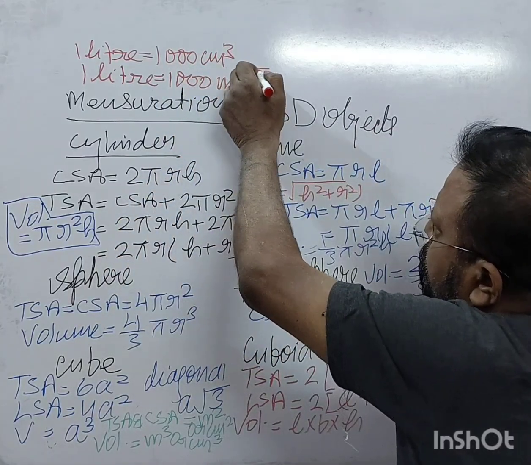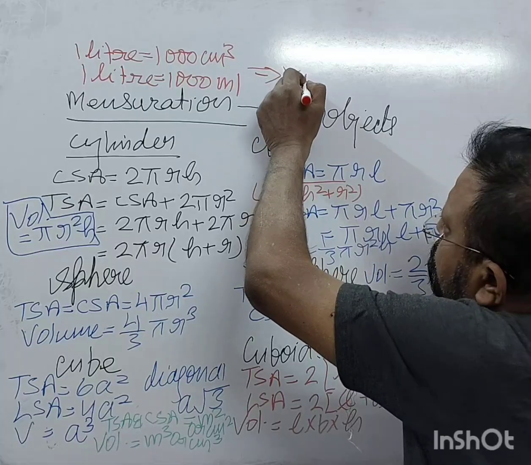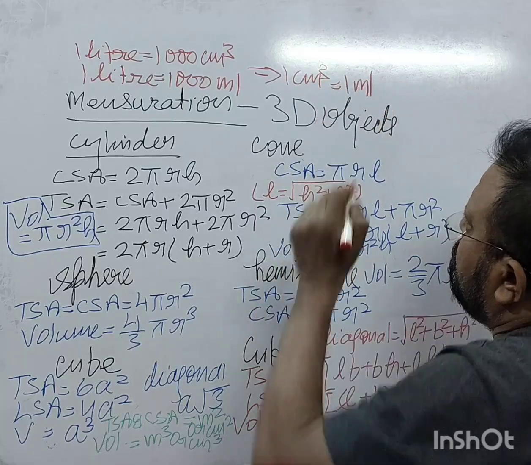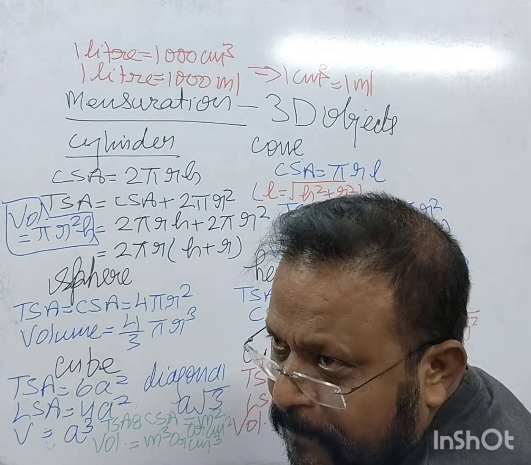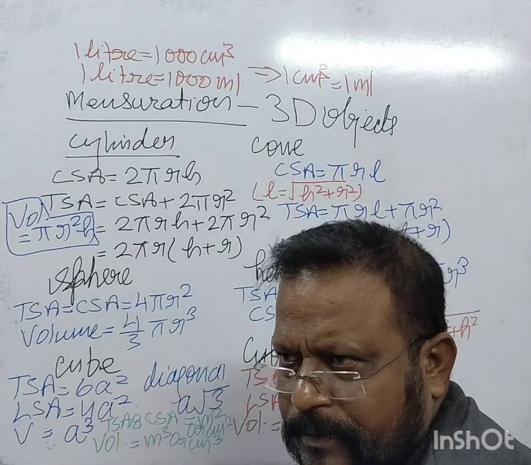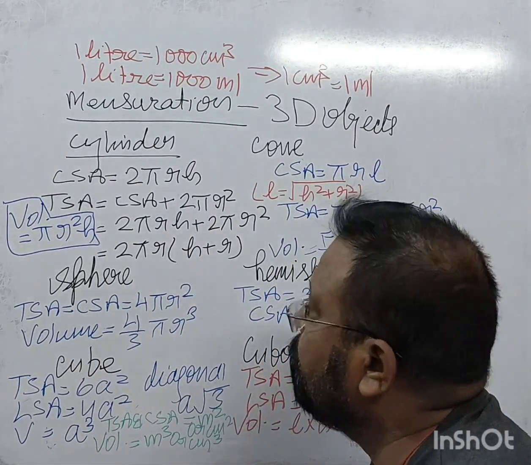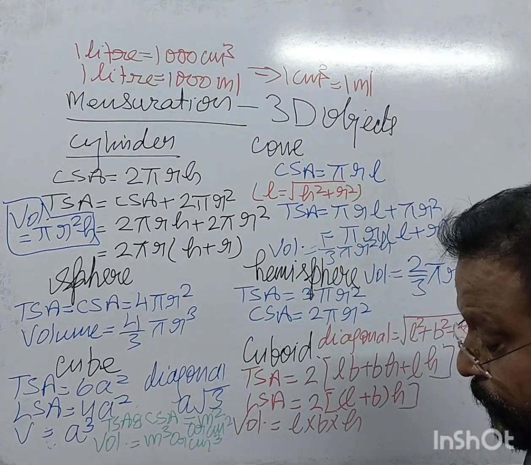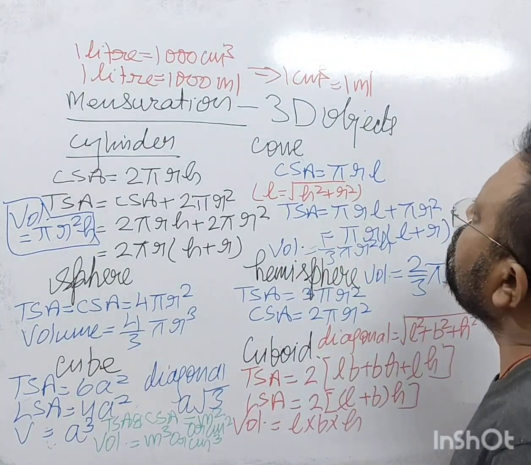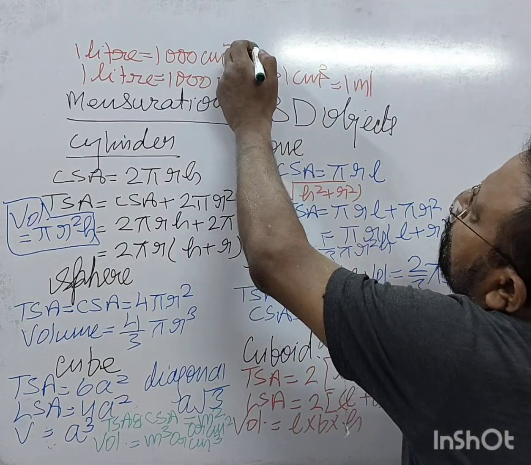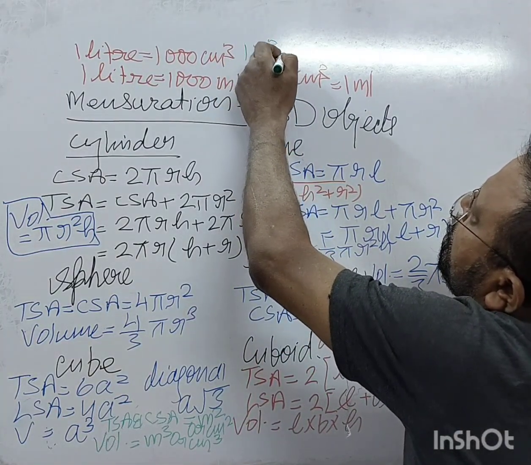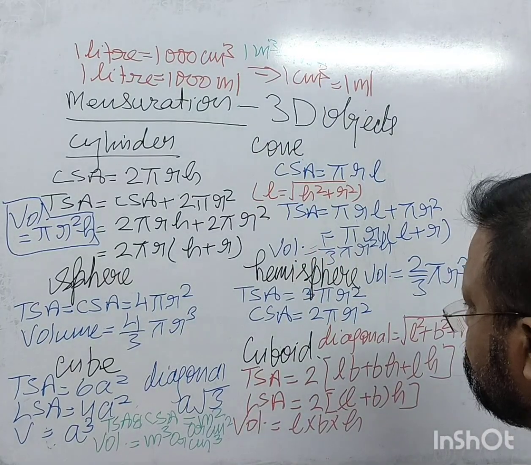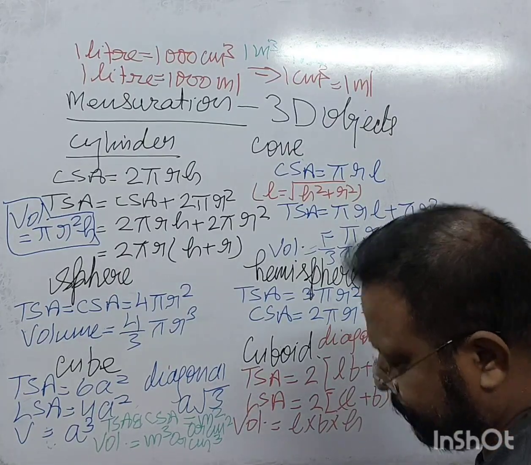Therefore, 1 centimeter cube is equal to 1 ml, right? Similarly, 1 meter cube is equal to 1 kiloliter, right?